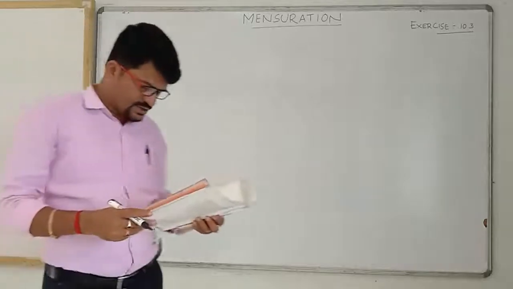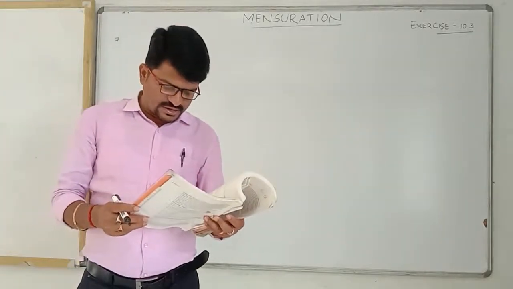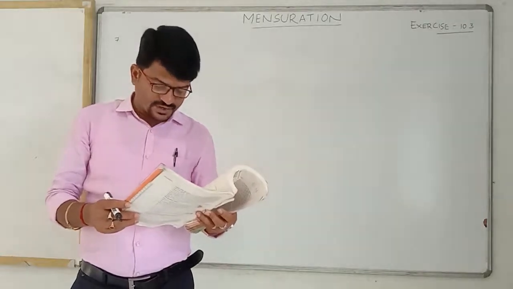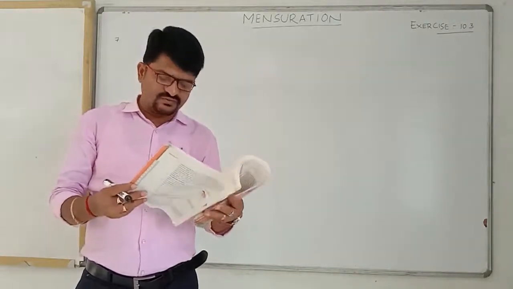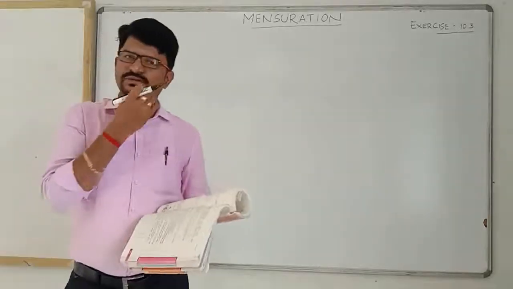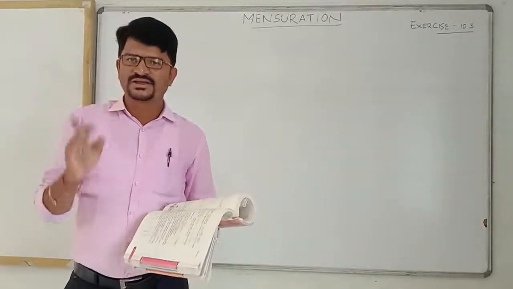I'll read the question. A room is 4 meters long and 3 meters 50 centimeters wide. How many square meters of carpet is needed to cover the floor of the room? I don't want to explain this, you have to do it. But I will give you a hint.